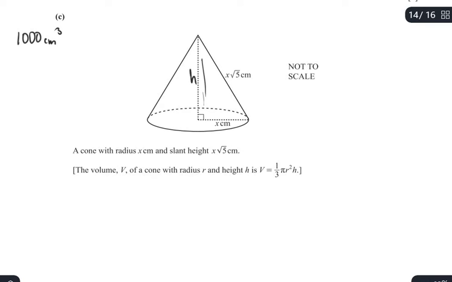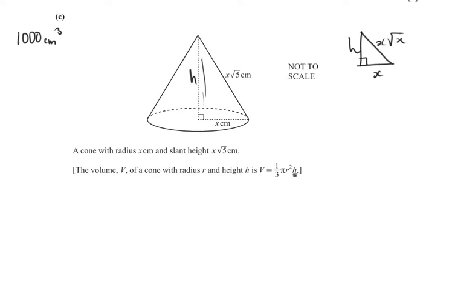Okay, so you can see we've got a triangle there, which is right angled with x, and then the hypotenuse, which is that. So we need to find the height before we use this formula. Using Pythagoras theorem, you know that the height is one of the shorter sides, isn't it?